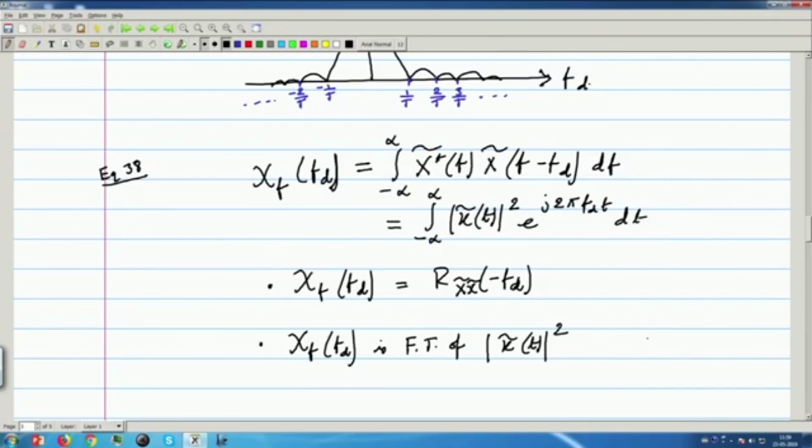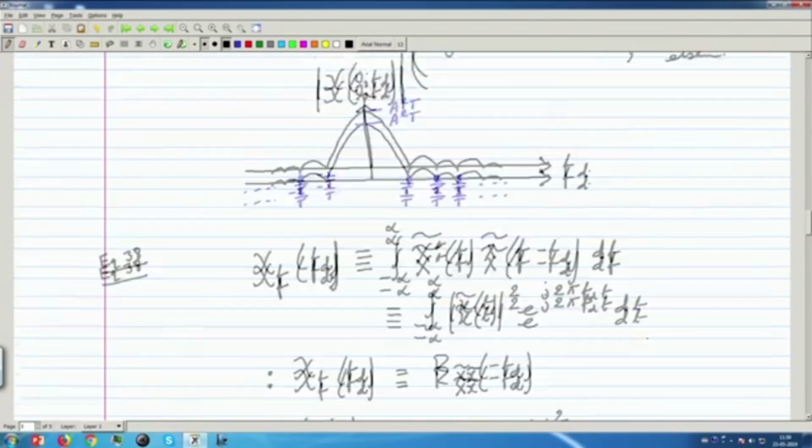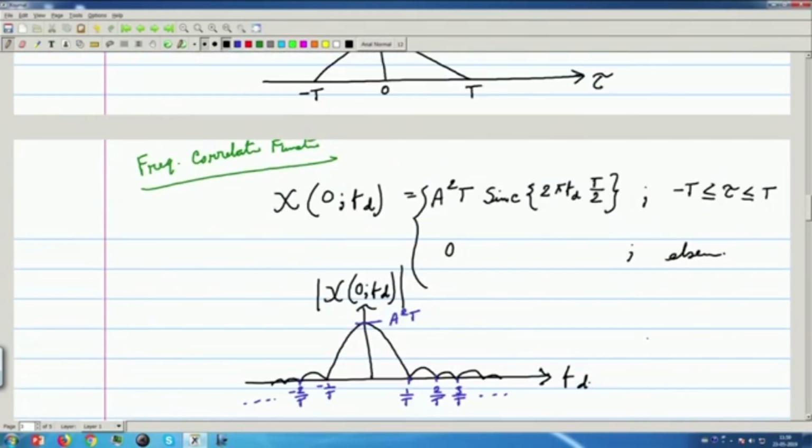Now, what we observe for both the range ambiguity function and the frequency correlation function is that we would ideally have been happy with a delta function sort of thing, but in real life a rectangular pulse does not give us that.